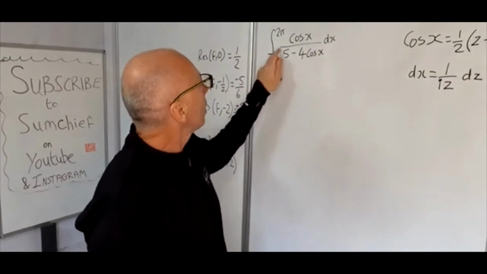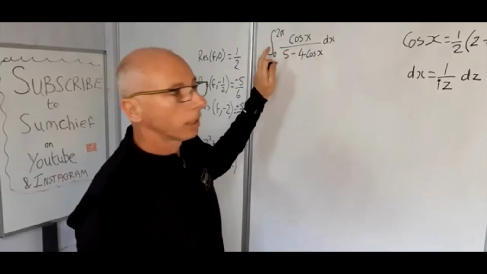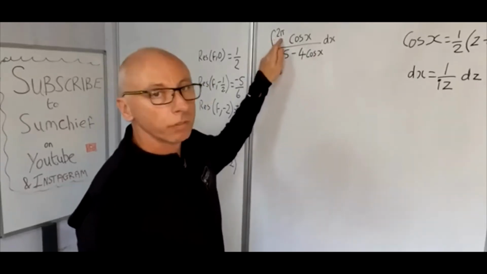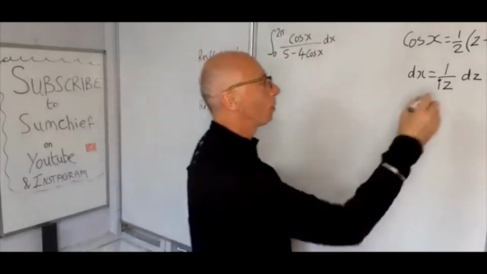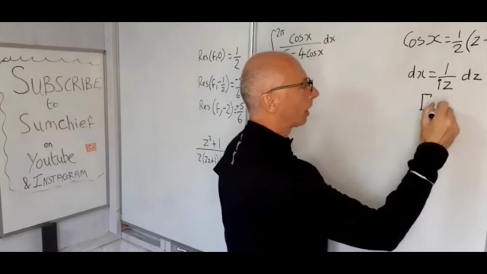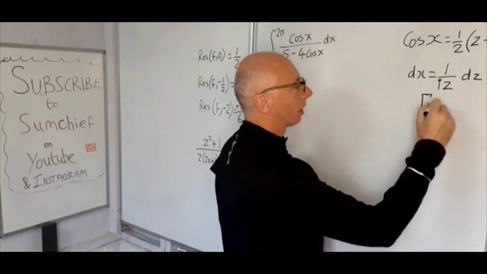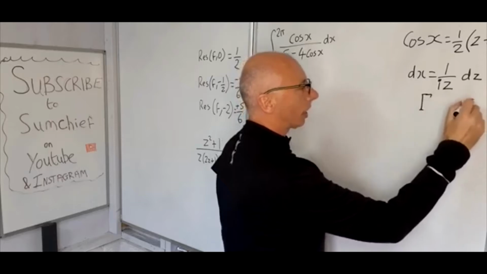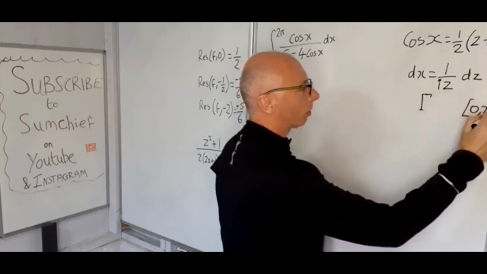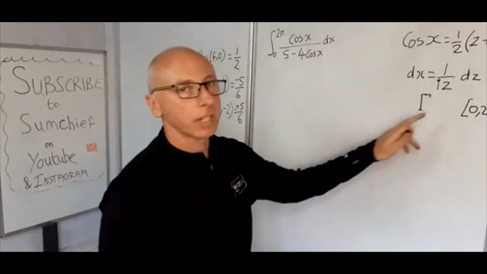So, and then the 0 to 2 pi, now if that was a parametric transformation for the unit circle, what we would say is that gamma would be 0 to 2 pi, so basically it goes from, let's just write this down on here, 0 to 2 pi, and the actual gamma itself is e to the it.